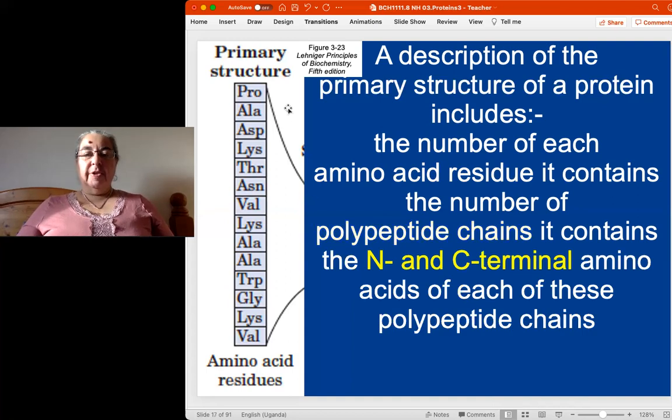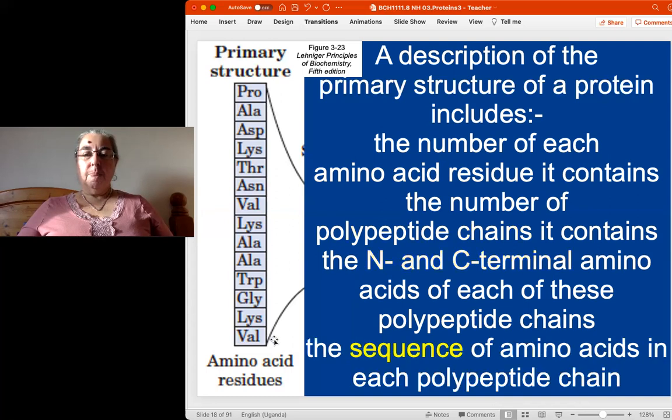It's also very useful to know the N-terminal and C-terminal amino acids of each of those polypeptide chains. This is very helpful in protein sequencing, which we'll talk about later. And then to fully describe a primary structure, we describe the sequence of amino acids in each polypeptide chain. So here we'd have proline, alanine, asparagine, lysine, threonine, and so on.